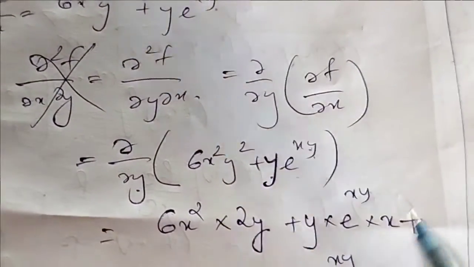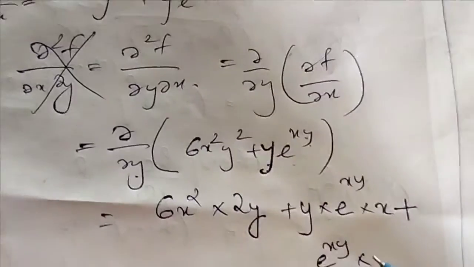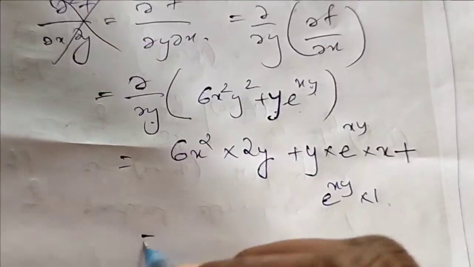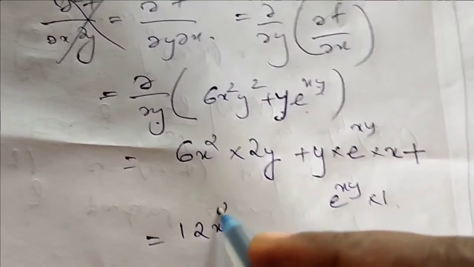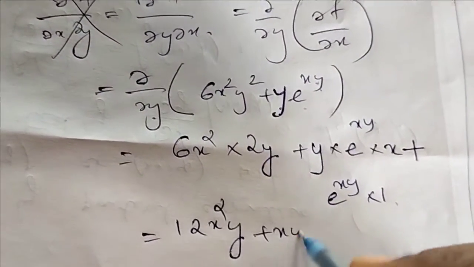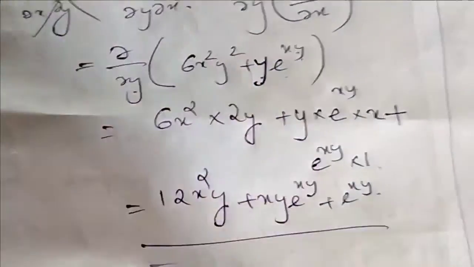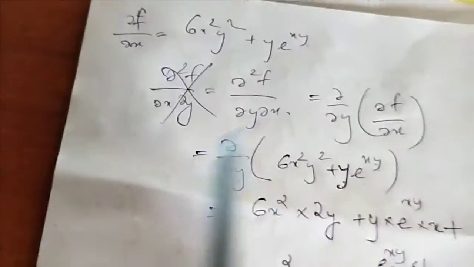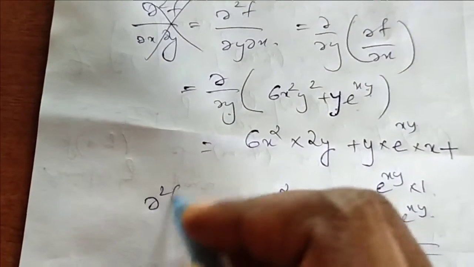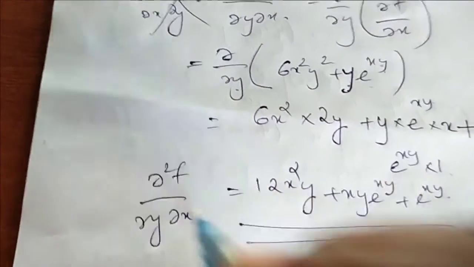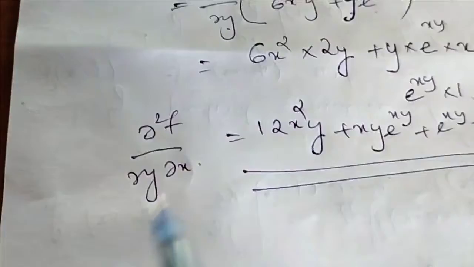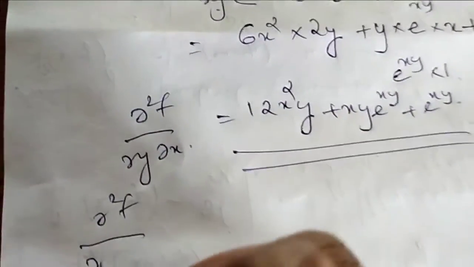So e raised to xy into derivative of y, which is 1. So it is 12x²y plus xy e raised to xy plus e raised to xy. So this is ∂²f/∂y∂x.